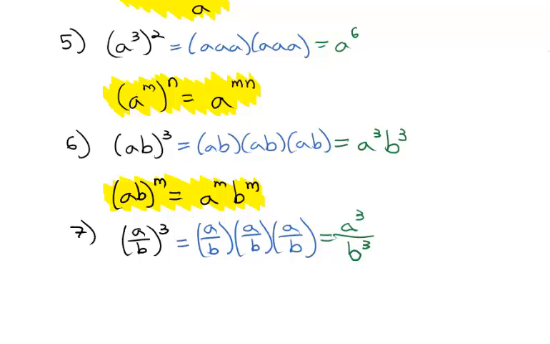So we can use the exponent property that a over b to the m power simply means we take the numerator to that power and the denominator to that power.